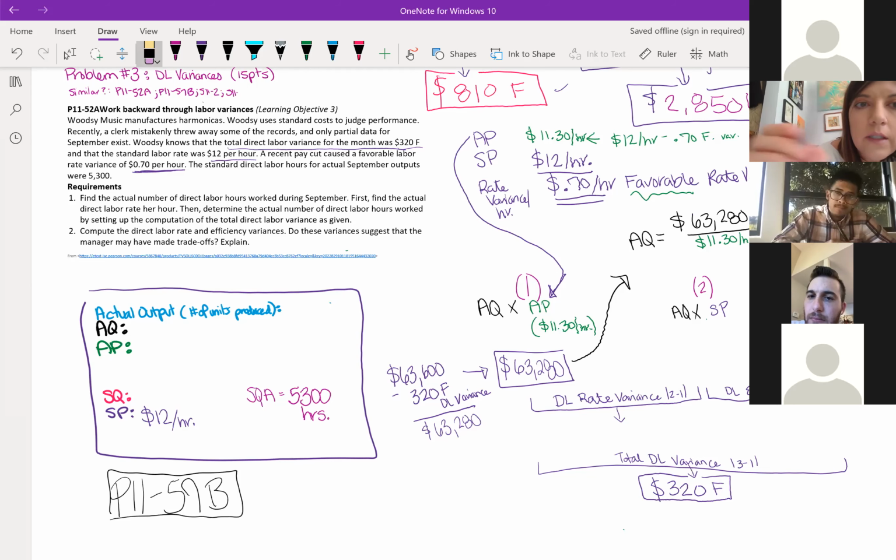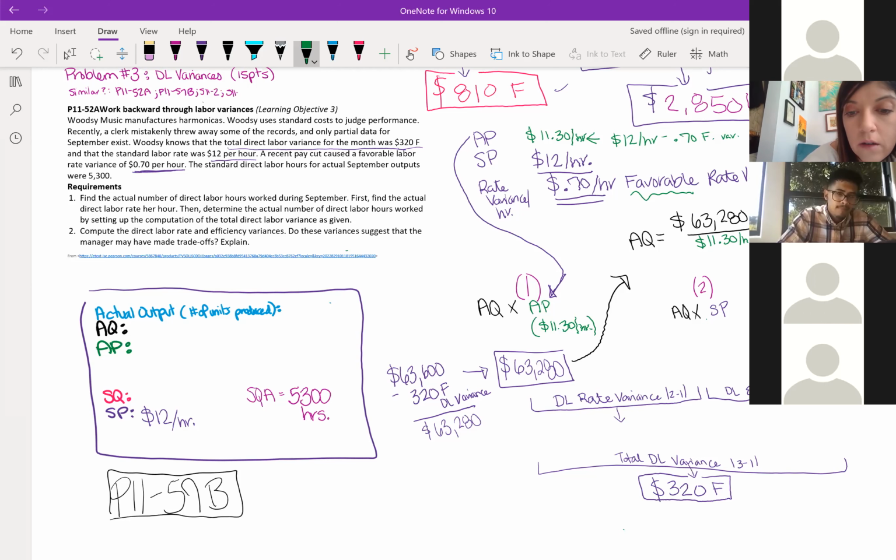And this is going to give us hours. Dollars divided by a dollar amount per hour gives us hours. How many total hours did we actually incur? 5,600. Yeah, 5,600 hours.